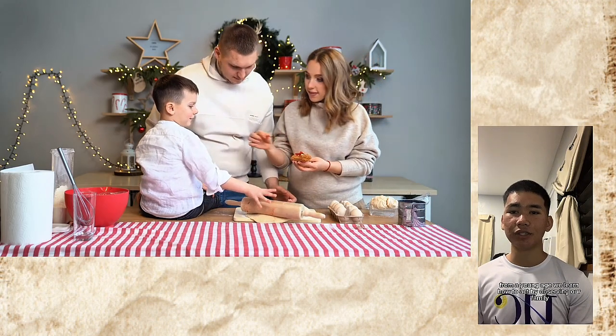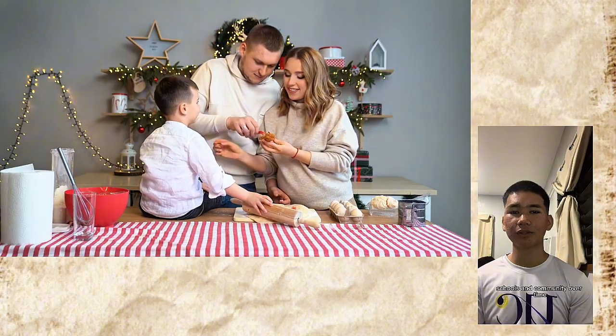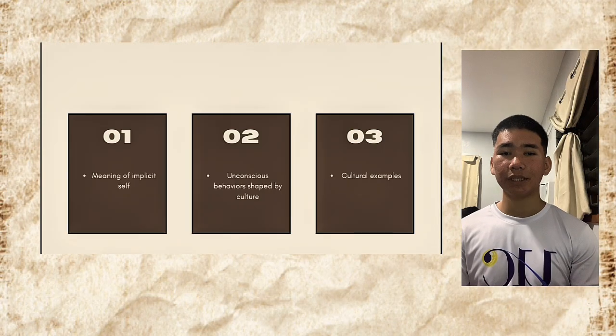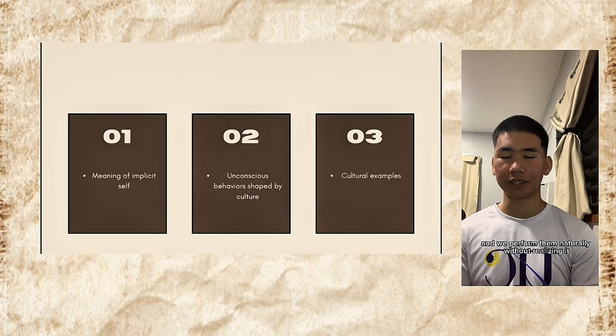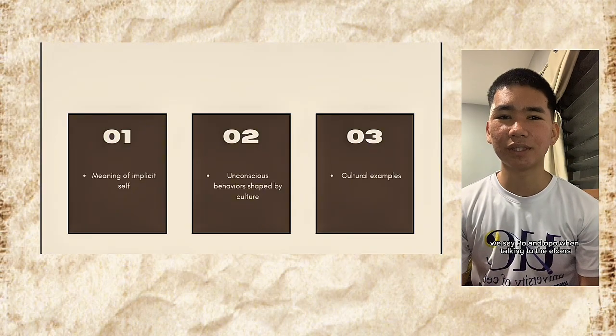From a young age, we learn how to act by observing our family, schools, and community over time. These behaviors become habits, and we perform them naturally without realizing it. For example, in Filipino culture, we say po and opo when talking to the elders.